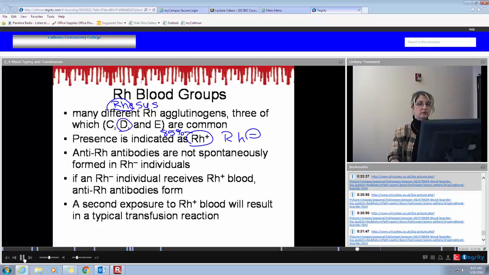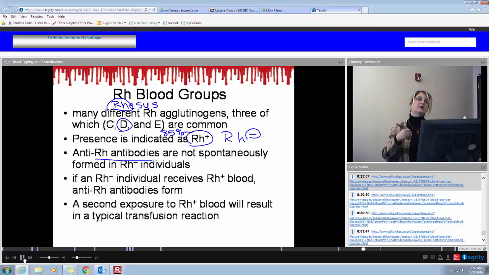So now remember I said earlier that the ABO antibodies, I'm sorry, were formed shortly after birth, spontaneously formed against the antigens that we don't have, right? So if we have type A antigens, we form type B antibodies. You remember that. It was just a few minutes ago. Okay, but now the Rh antibodies don't form spontaneously.